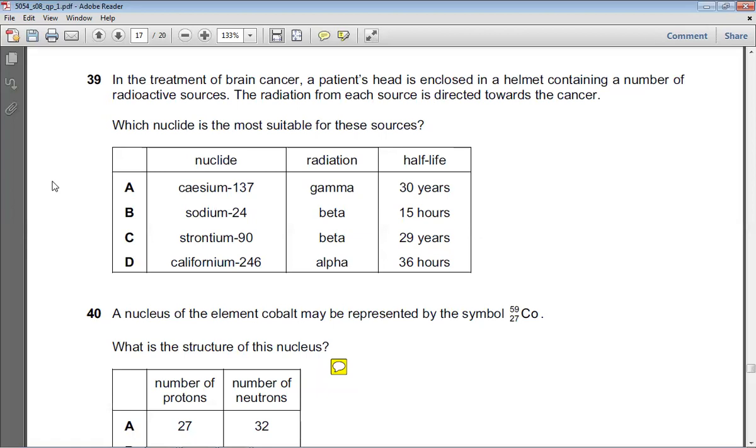He says, cesium, and that's cesium-137, which produces gamma radiation, and it has a 30 year half-life. The half-life should be very large. So I think this looks the best option.